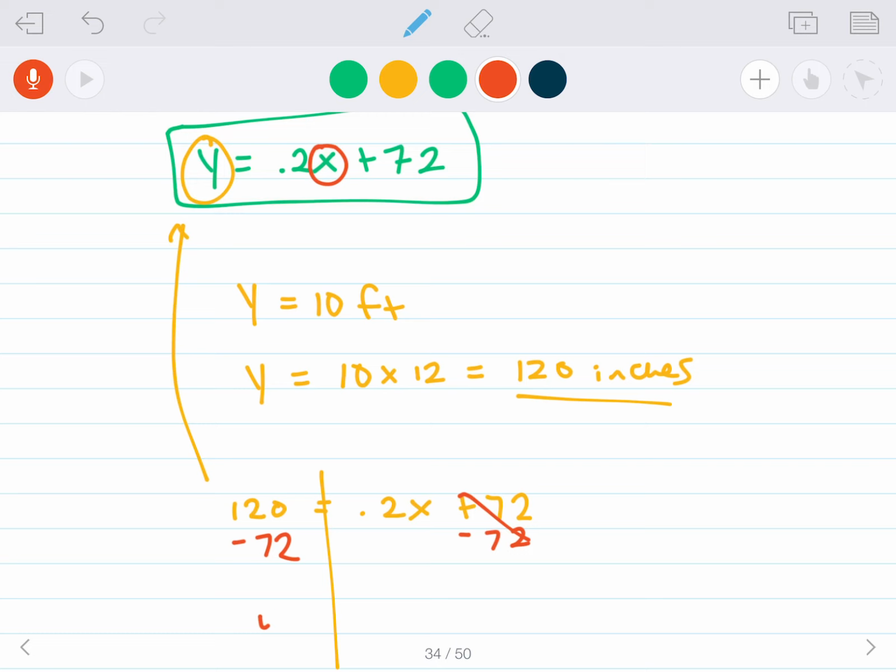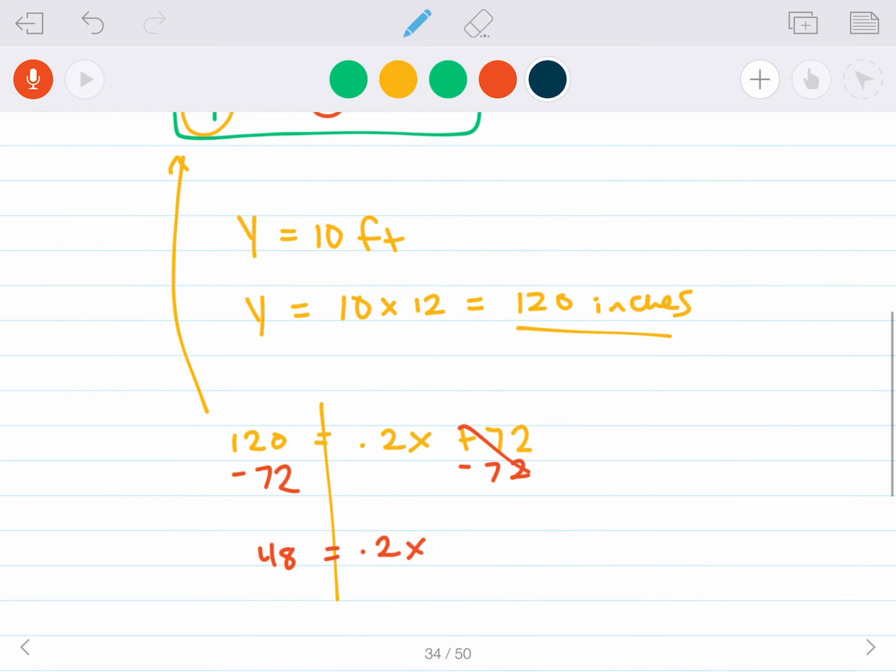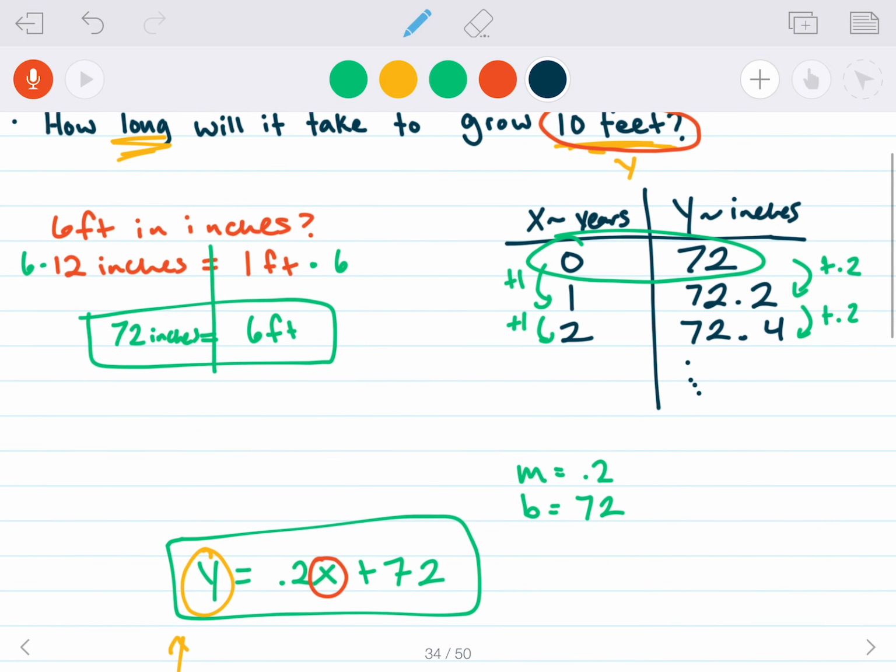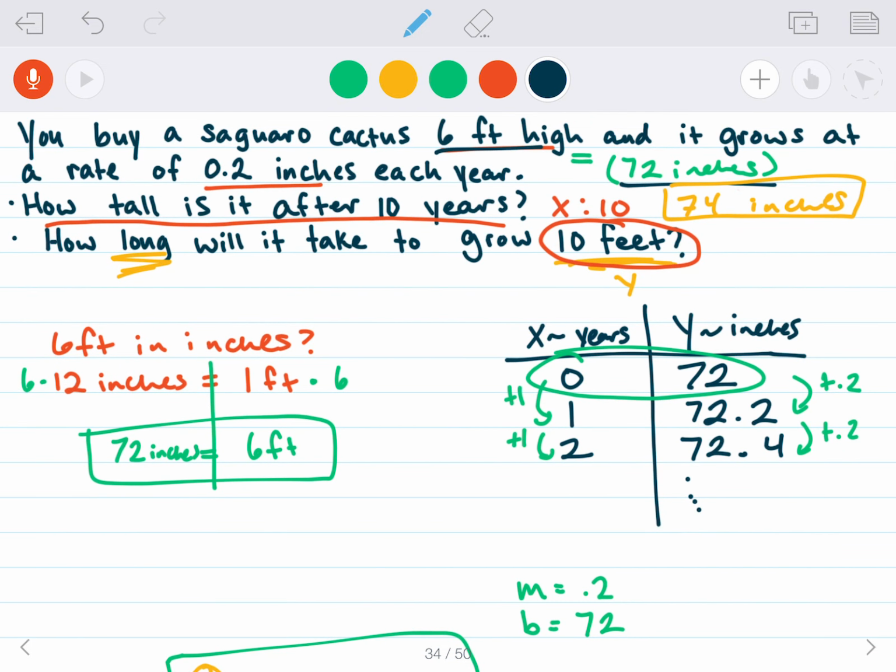So we get 48 is equal to 0.2x, dividing both sides by 0.2, I get 240. And this corresponded to years. So this is going to be 240 years is our answer for the second question.